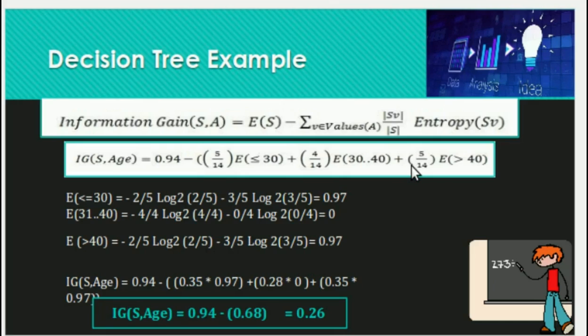Now we will put all the calculated values in our equation 2.